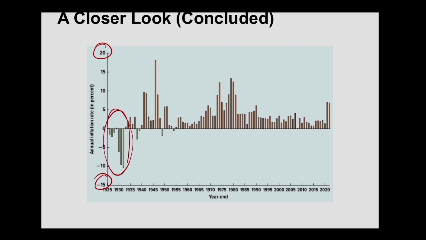We don't want prices to start to drop and possibly continue to drop. What that does is it creates some strange and perverse incentives in the marketplace. If I'm thinking about going out and buying a new TV or something, why should I buy it now? I'll wait a year and it'll be 10% cheaper than it is right now. So disinflation is not a good thing, even though you might think that.